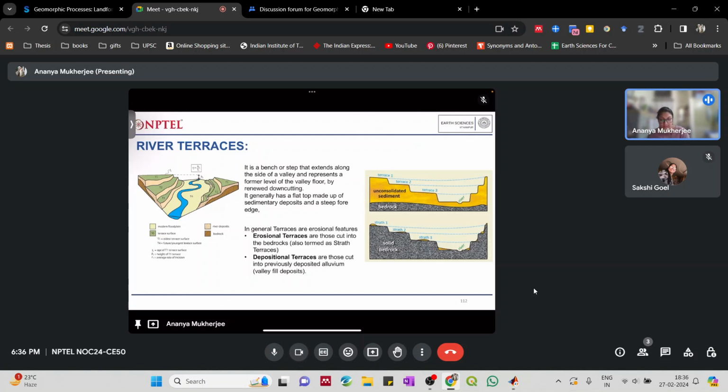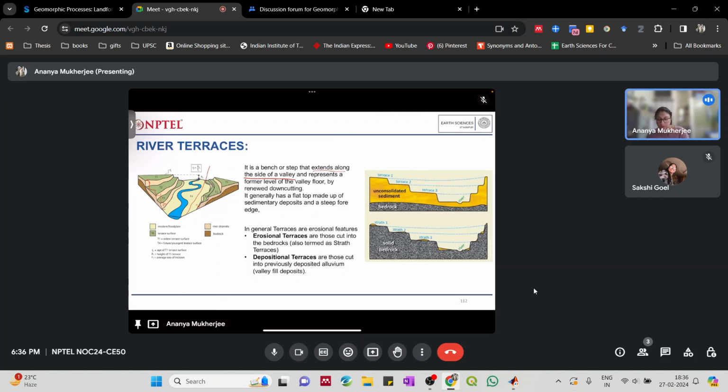As you can see, these are step-like features, and the river is flowing through from the middle section, and these are flanking it on the sides. They extend along the side of the valley, and each of the terraces denotes the past elevation level of the river valley.